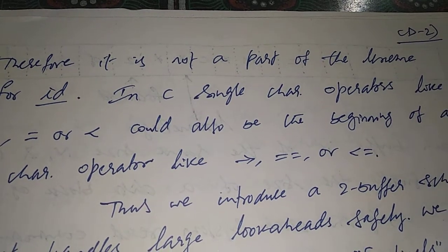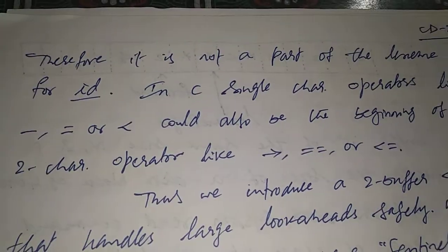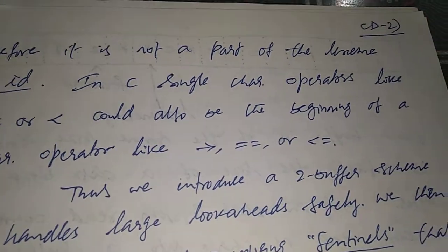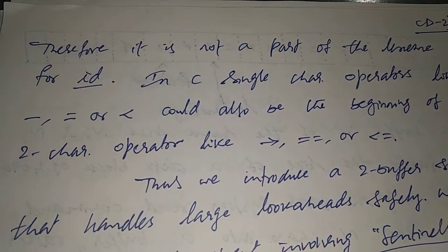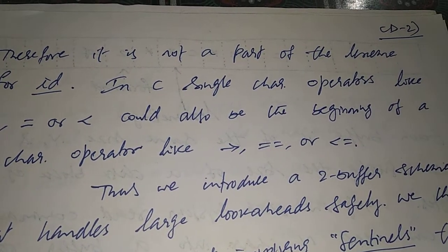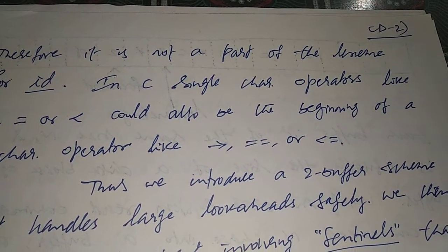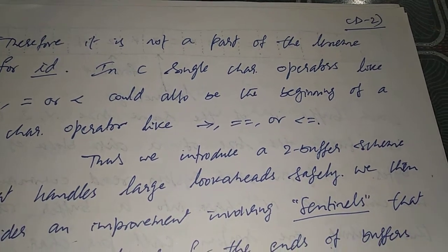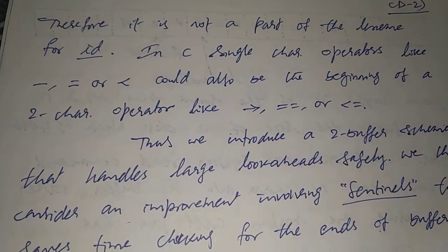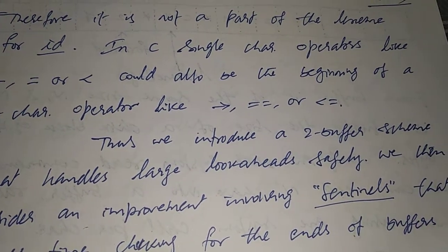In C, single character operators like minus, equal to or less than could also be the beginning of a 2 character operator like arrow, double equal to or less than or equal to. Thus we introduce a 2 buffer scheme that handles large look-aheads safely.